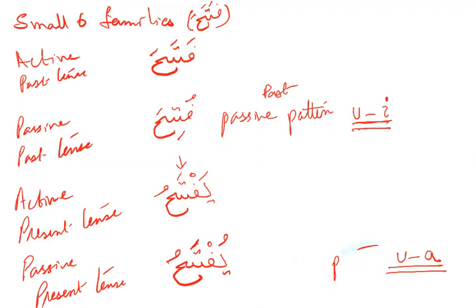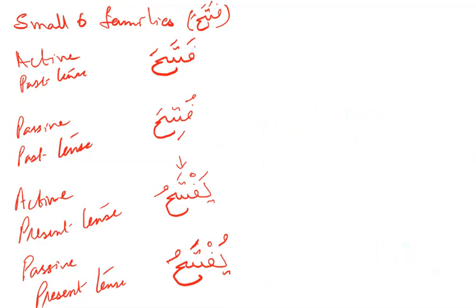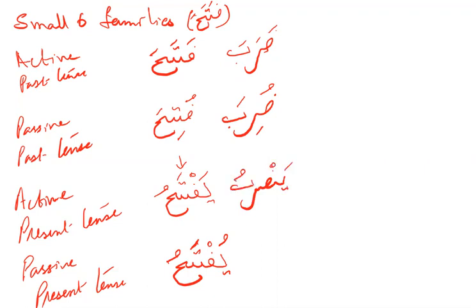Okay, let's do the other families. For daraba, what will be the passive? Duriba. Yes. U-e pattern, the same as the fataha family. Then the present tense of daraba is yadribu.